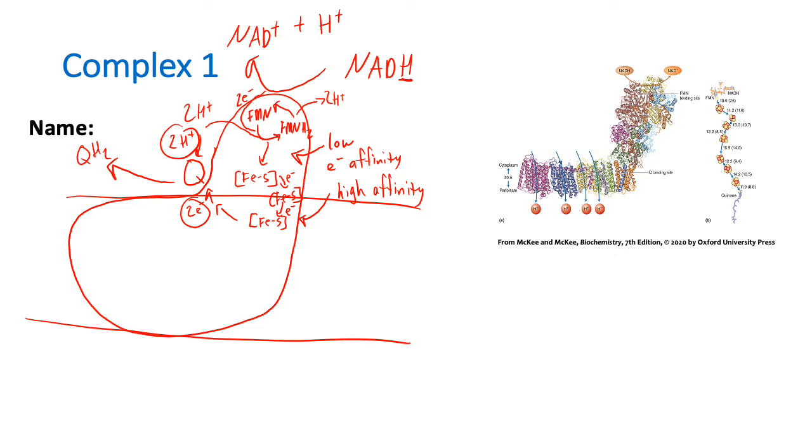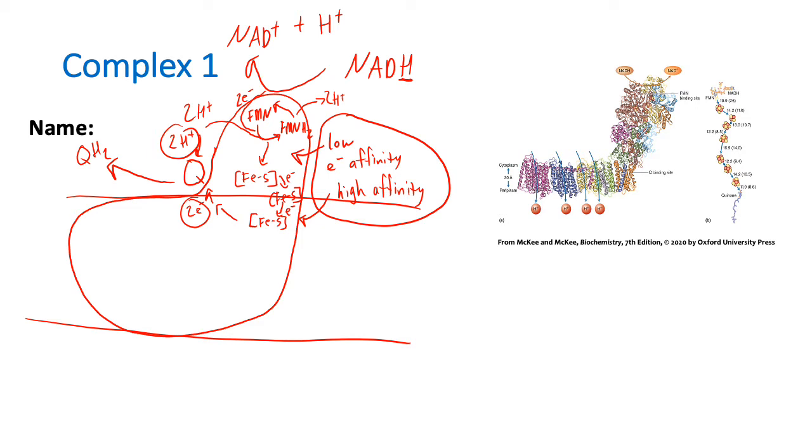QH2 is a transporter molecule. It essentially just transports electrons, not across the membrane, but from one complex to another, excuse me. And that's what's going on in complex 1. Now, I failed to mention all the protons being pumped. Whenever you are doing your iron sulfur cluster electron passing, whenever electrons get passed from one to another, there's a little bit of energy that is released.